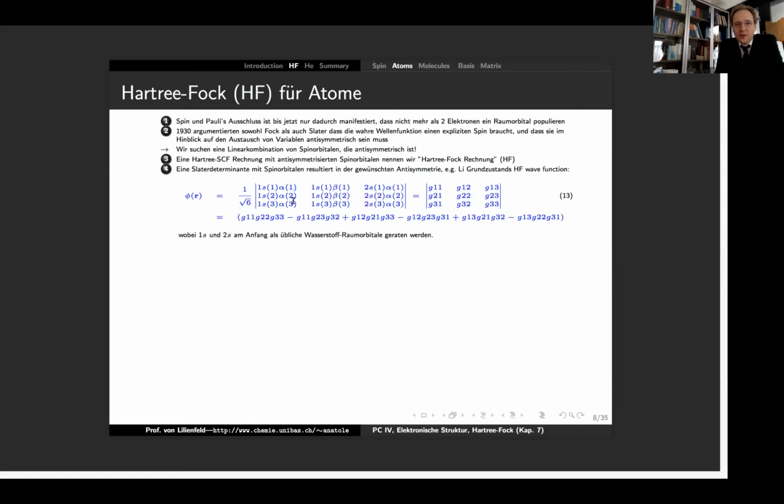And you can, of course, also consider the combination of the 1s alpha populated by electron 3, right? And so you see all the possible combinations. And if you make a determinant from that, you get a linear combination, which looks like this. And if you now flip indices of electrons, you will see that this phi, equation 30, will flip its sign.